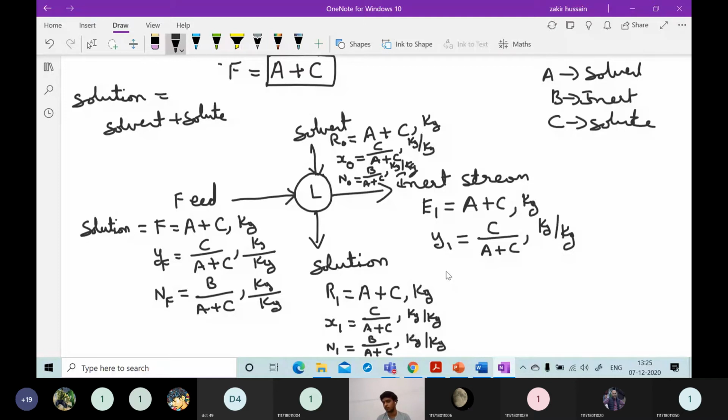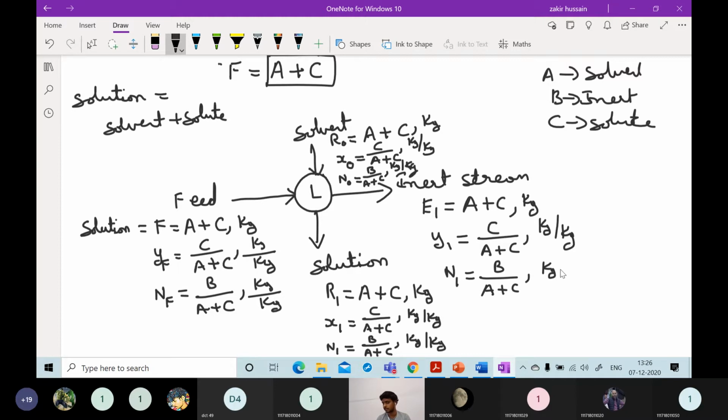Then to take care of the inert solids, this is NF, the inert solids in the feed. The inert solids in the extract stream or inert stream is N1. N1 is equal to the weight of inert solids in the extract phase with respect to solution, A plus C.